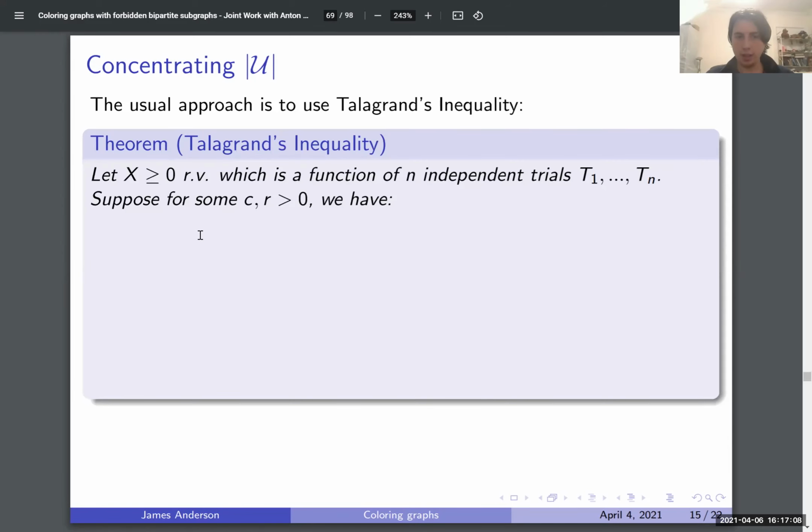If we have a non-negative random variable X, which is a function of n independent trials, and for us these trials are going to be the color assignments of vertices.